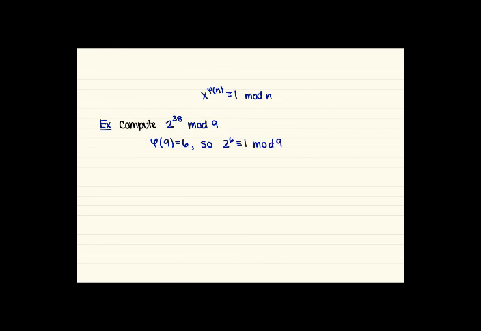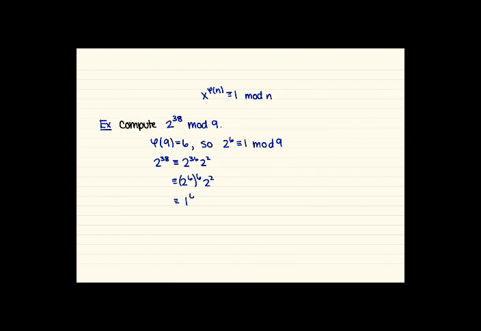So now when we look at 2 to the 38th, we can split off chunks of 6 2's. So we can write this as 2 to the 36th times 2 squared, and then that's going to be 2 to the 6th to the 6th times 2 squared. I hope you remember your rules for exponents. And then 2 to the 6th by Euler's theorem was congruent to 1.